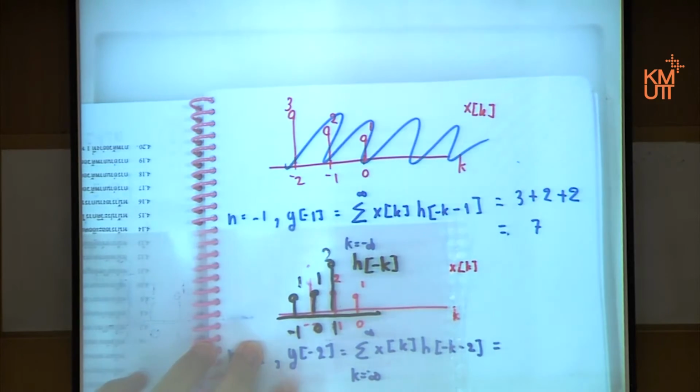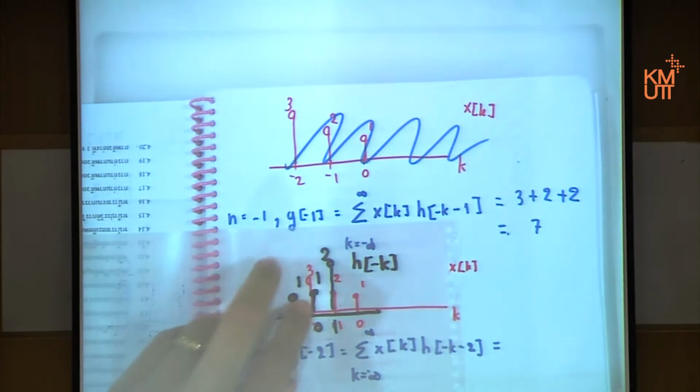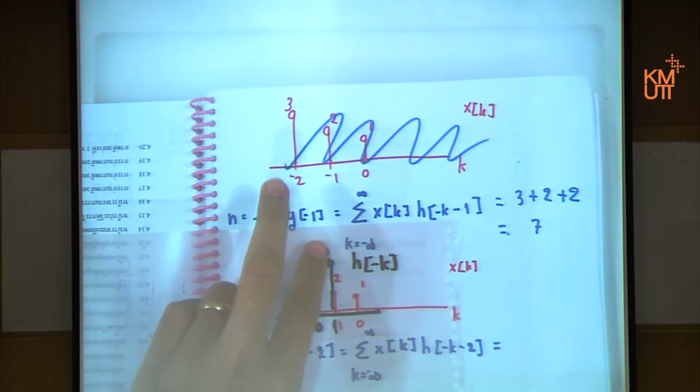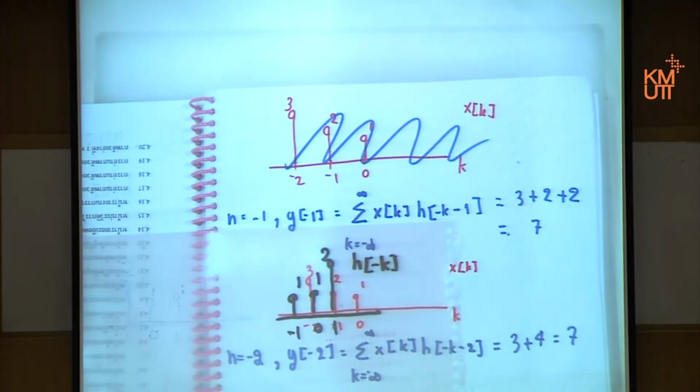You get this one. So there are 2 overlapping pairs between red and black, this pair and this pair. 3 multiplied by 1 plus 2 multiplied by 2. 3 plus 4. It is 7. Multiply only the bars that overlap. Where there is none, the product is 0, so you don't need to multiply.